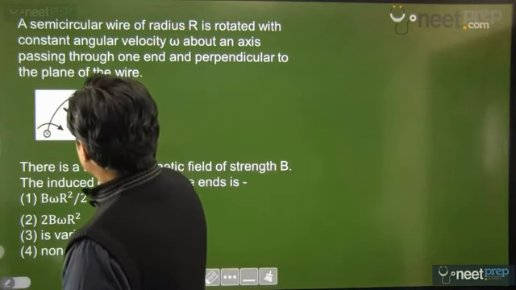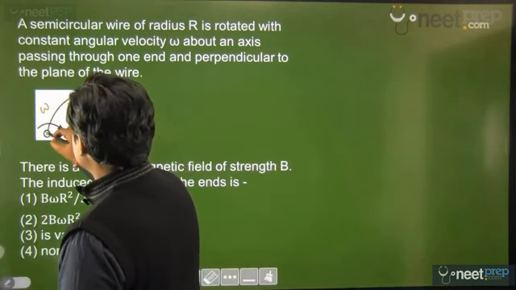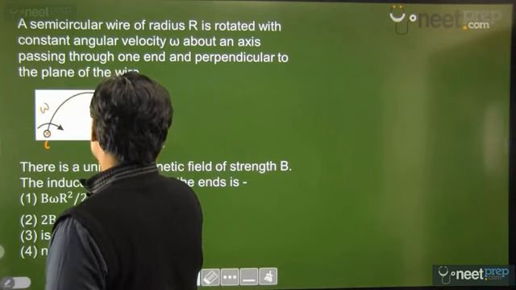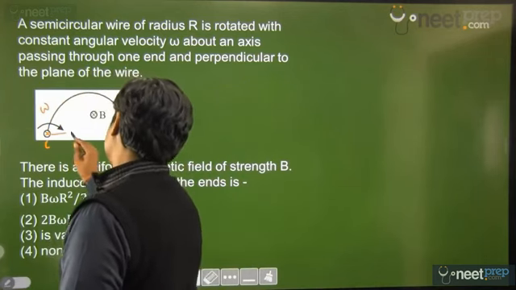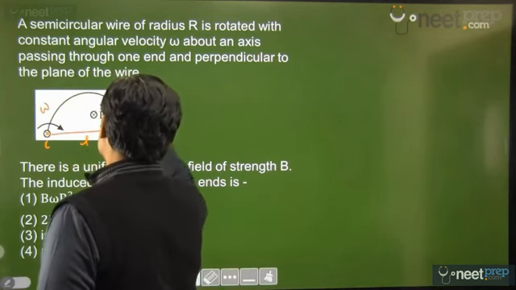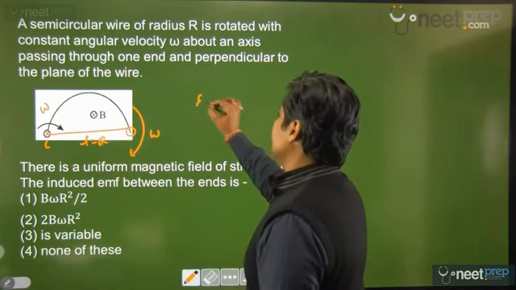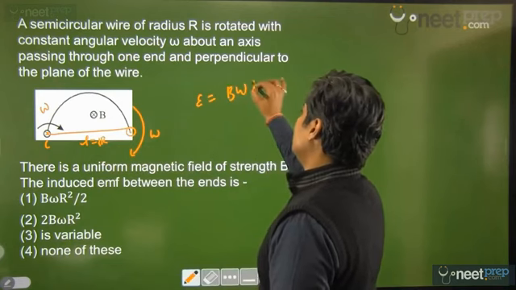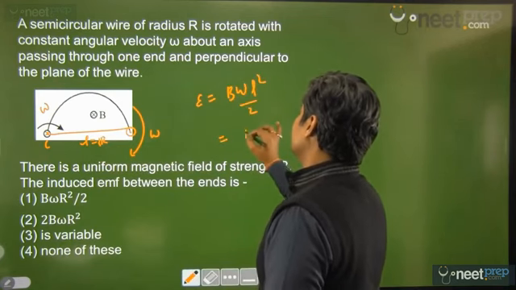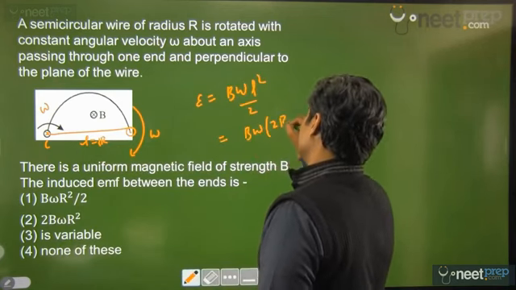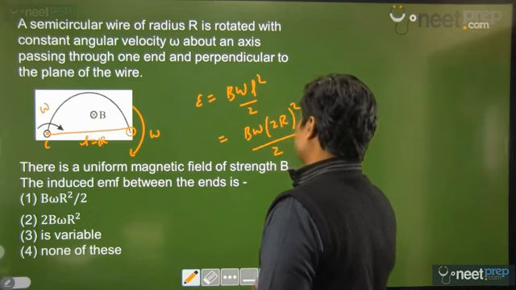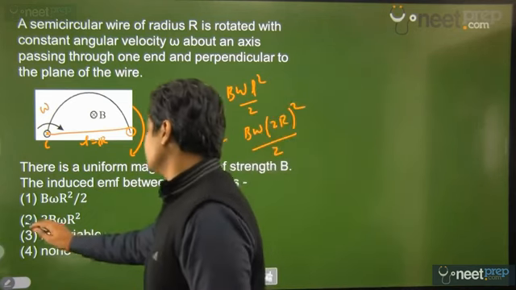So my dear students, whenever there is a rotation, always connect the center, the reference point, with the end point, and this is how you can get the value of L, which is rotating with omega. In this case L will be equal to 2R, twice of R. So EMF will be equal to B omega L square by 2, so this will be B omega (2R) square by 2, so 2B omega R square.